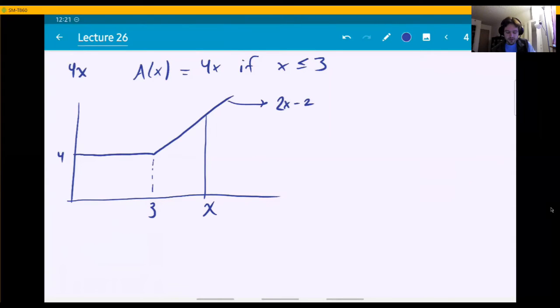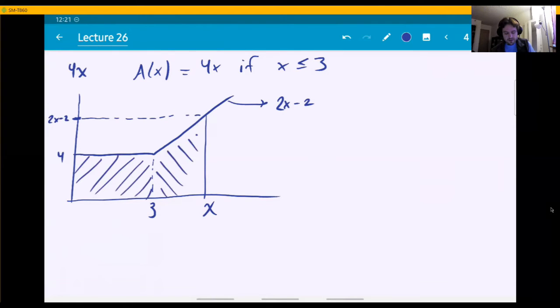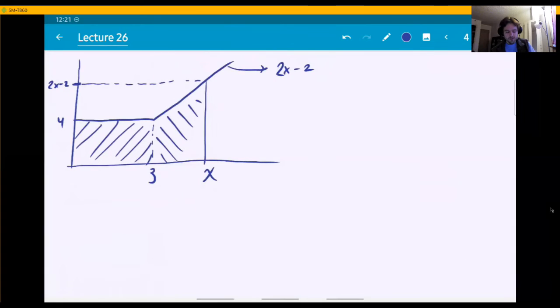That's the function. Oh, well, so what does that mean? It means that the height of this y value right here, the location above the point x, is equal to 2x minus 2. So now we are talking about this whole area, this rectangle plus this trapezoid. What is this area?